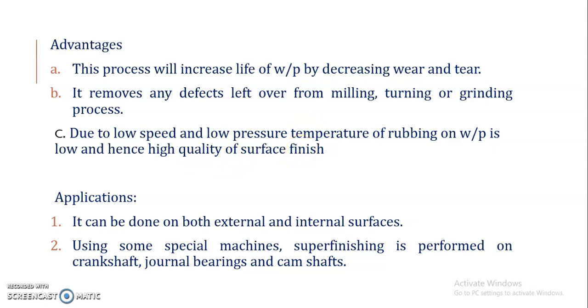Generally, for the external and internal surface of cylindrical workpieces, you can go for a high quality of super finish. So these are the applications of this super finishing process.